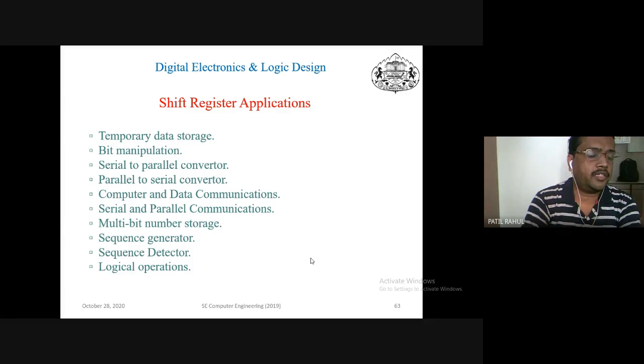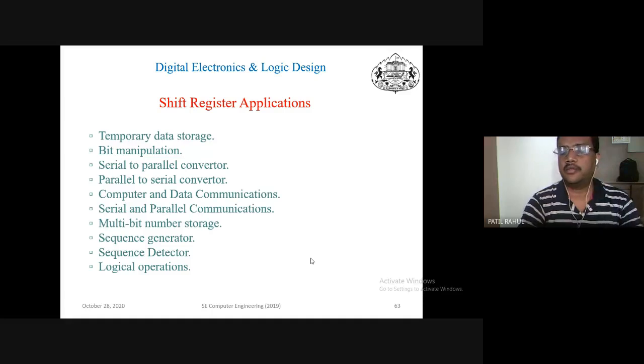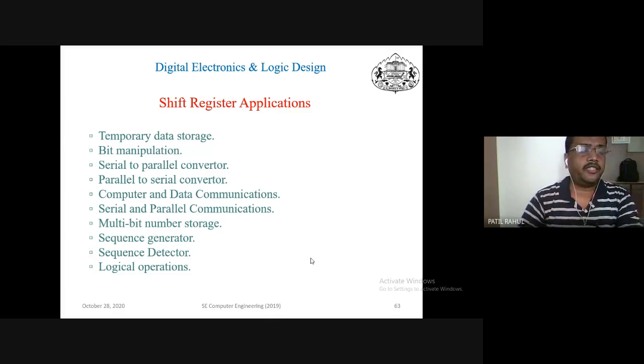I'm getting response only from Bhushan. At least through sending the post, you involve in this meeting. Okay. Thank you so much, student. Now we will move to the next point.